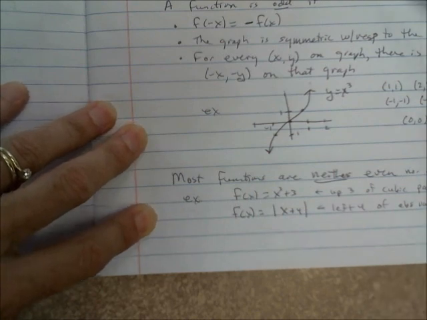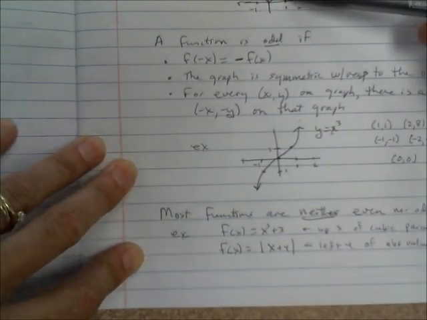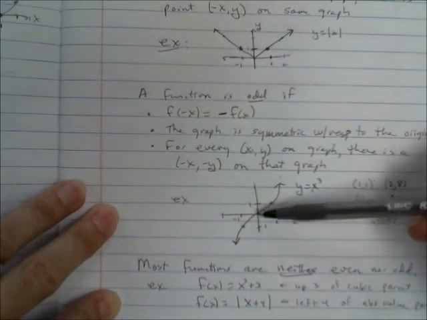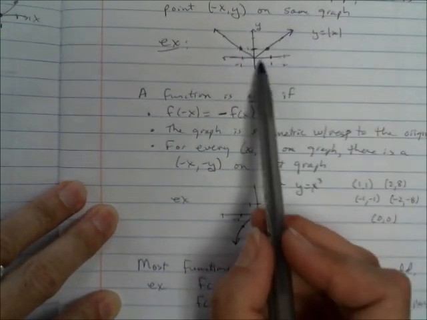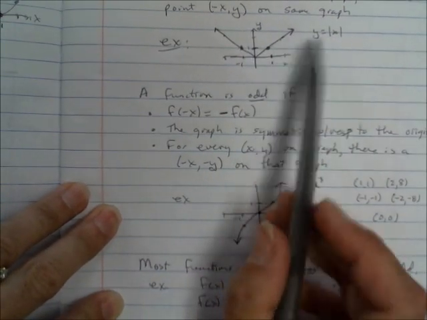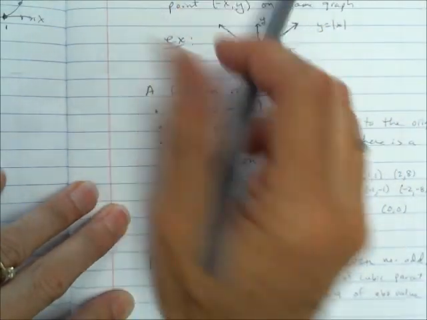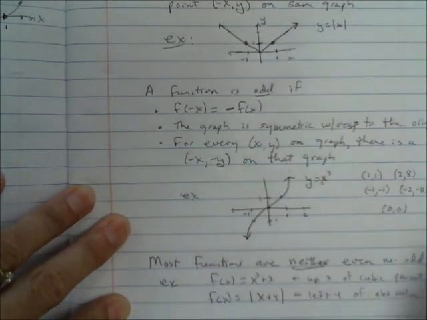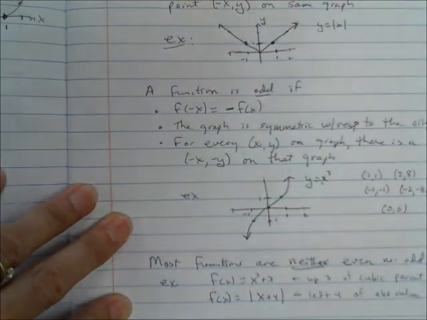So I've just introduced you to a couple more parent functions, the absolute value function here and the cubic function here. So if you shift this graph to the left 4, this whole V would shift to the left, and then it would no longer be symmetric with respect to the y-axis. It wouldn't be a reflection if you moved it over 4.